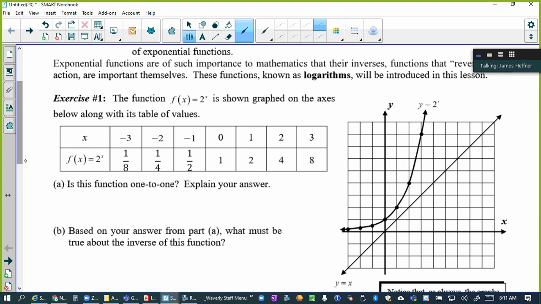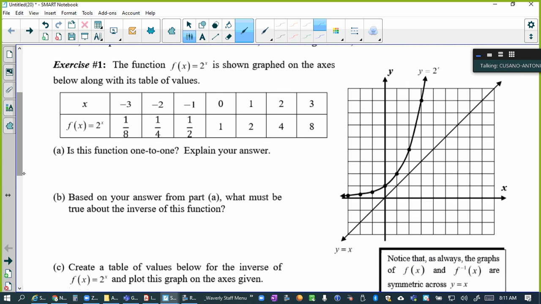Okay. So first question, is this function 1-to-1? Do you remember how to do that? The horizontal line test. So is it 1-to-1? Yes. It passes the horizontal line test.